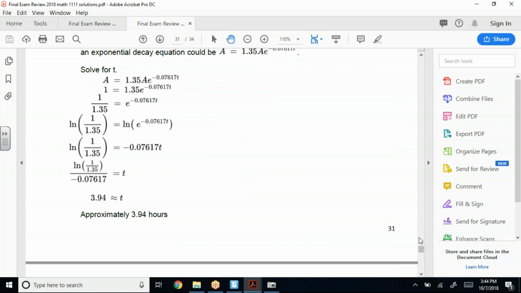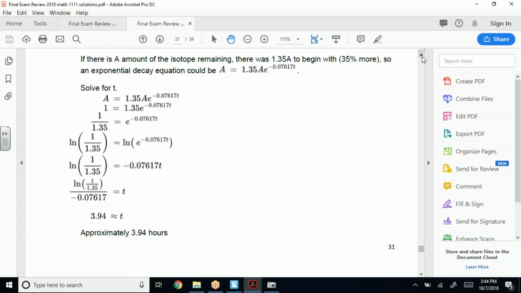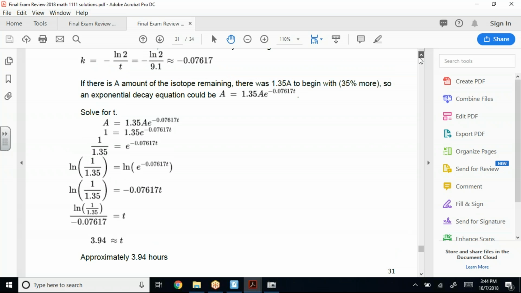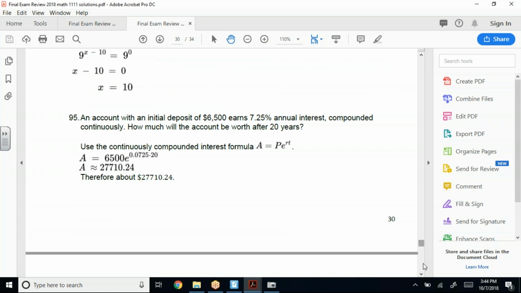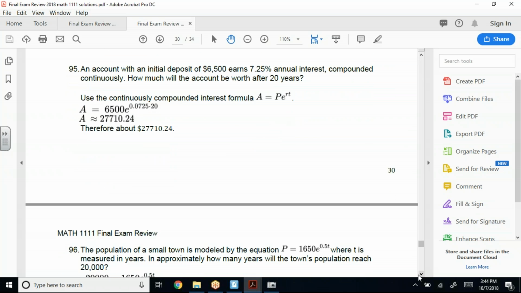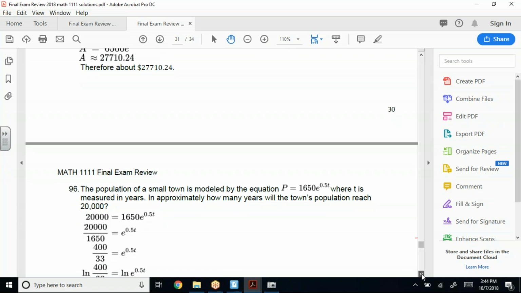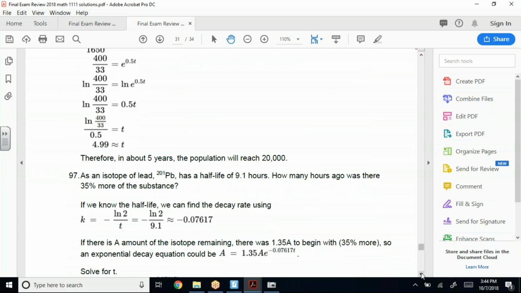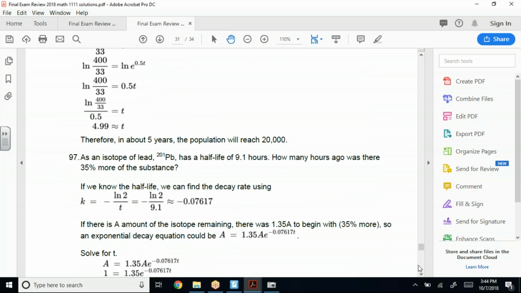Huh. Why did they do that? No, it's a different problem. We know the half-life, so we have to find the decay rate.